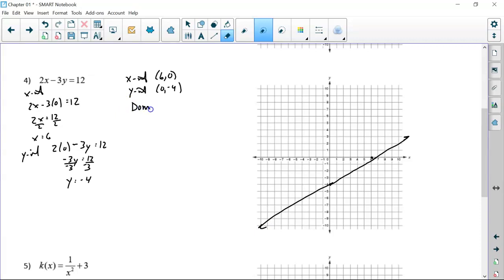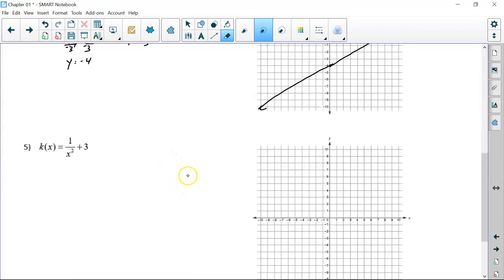Now I need my domain, all real numbers. Range, same, all real numbers. There is no symmetry here, and there is no asymptote. If you were to write that equation in the slope-intercept form, you would get y equals 2/3 x minus 4. If you notice, you'll get the same exact graph.